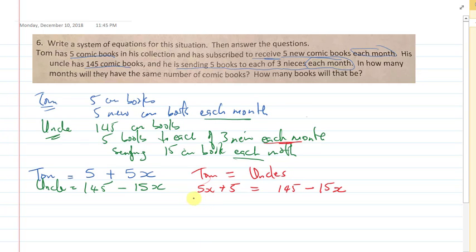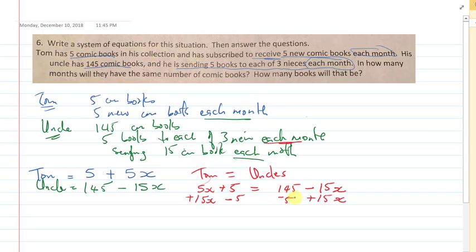So let's just calculate this really quickly. I'm going to add 15x to both sides. I always like my x's to be on the left side. I'm going to put my x's on one side and the other numbers on the other side.